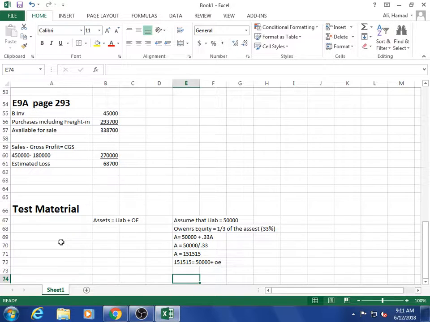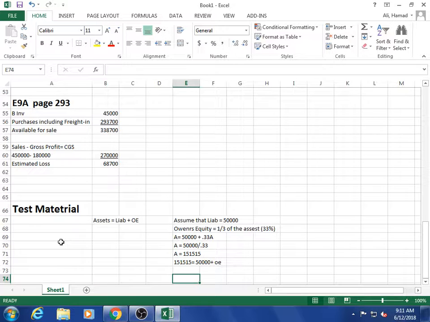Capital, credit. You have to know these by heart, don't guess. Withdrawals, debit.